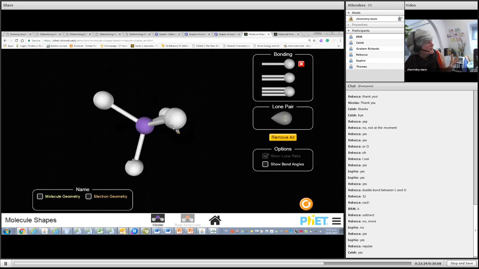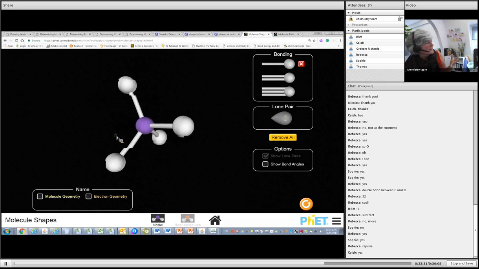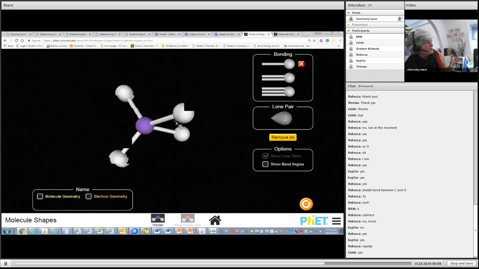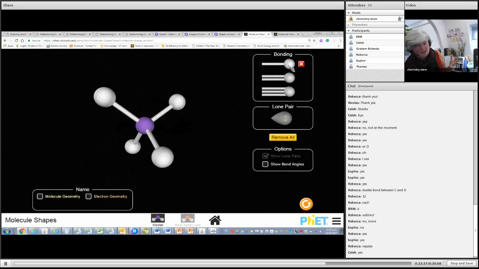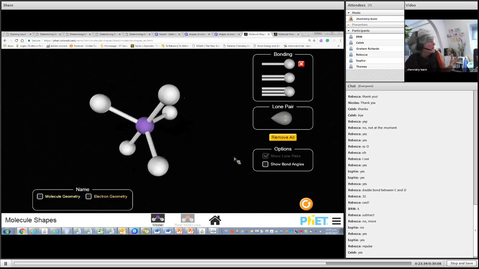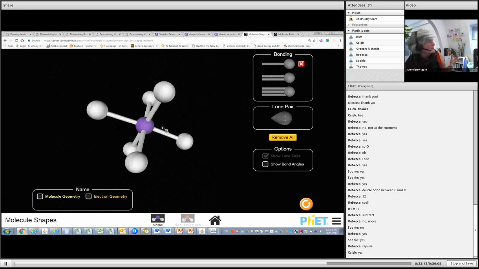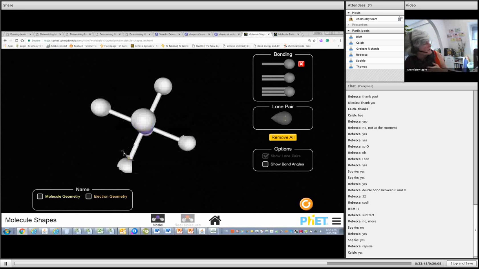If I add another one, you can see it's the tetrahedral shape. And if I try and make it closer to the other ones, it just simply repels. And I can add one more, and then the last one you have to learn is the octahedral. Now notice with the octahedral, if I look down one axis, then I've got like a square around it. Do you agree?